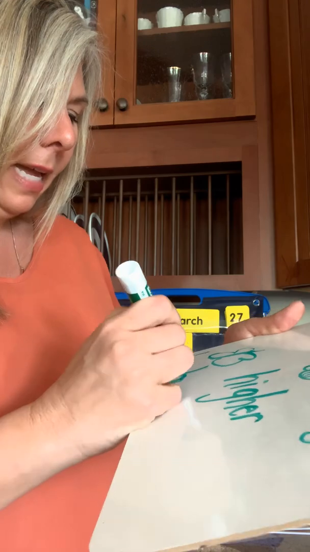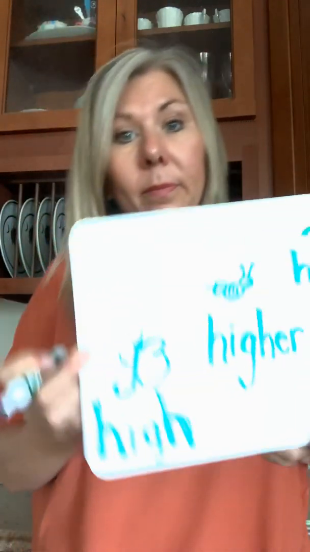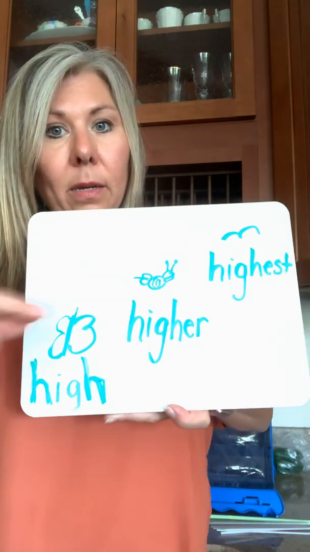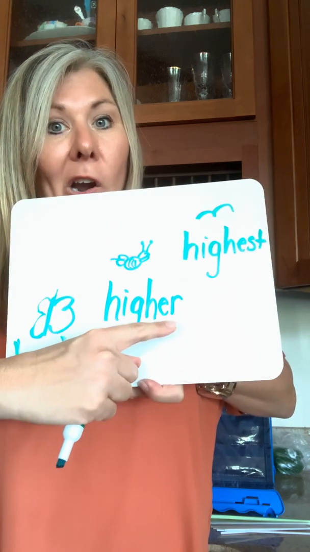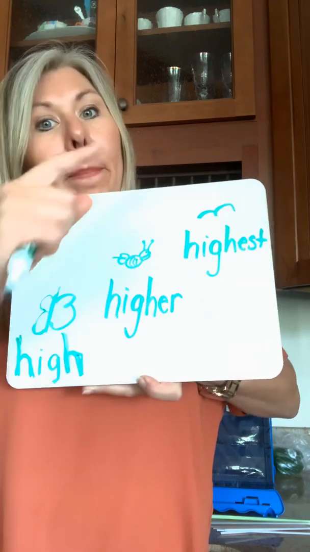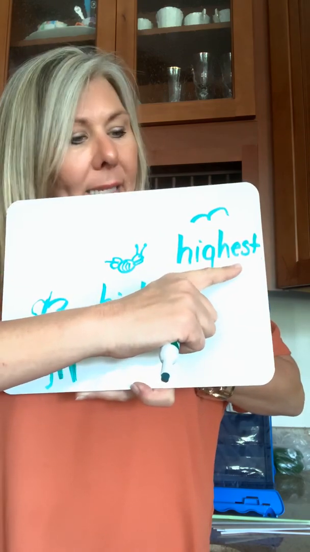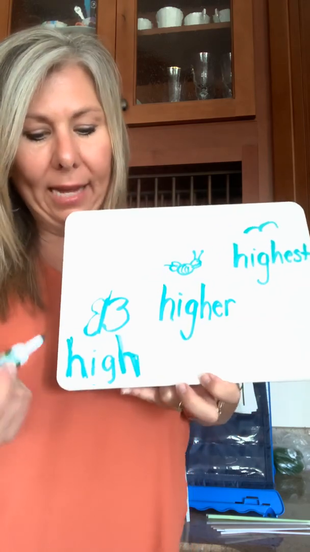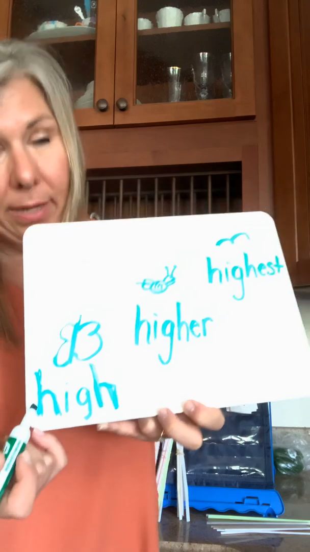the butterfly is high, but the bee can go higher, but the bird flies the highest. I use the same base word, high, for my adjective, comparing, telling, to describe.